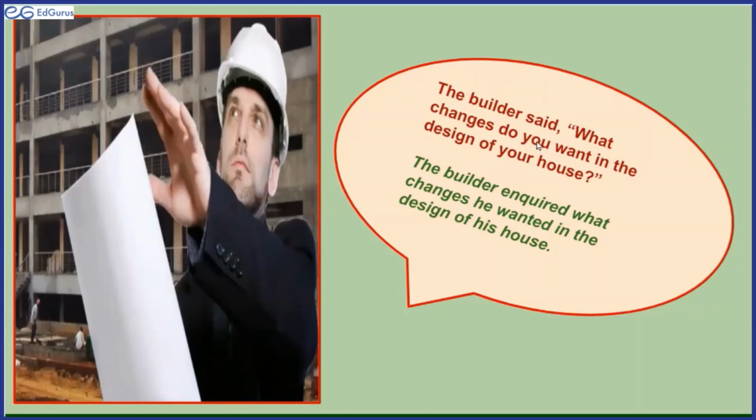"You" is not the subject at first, but it becomes the subject later. So soon after "what," the helping verb has been used. But when we change it into indirect speech, soon after "what," we use the subject and then the verb, whether it is the main verb or the helping verb.